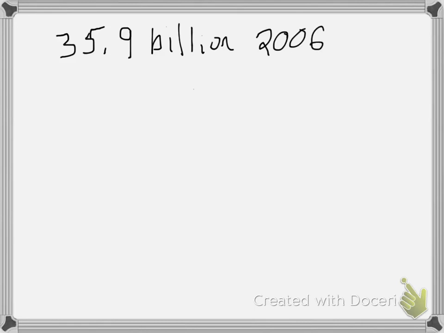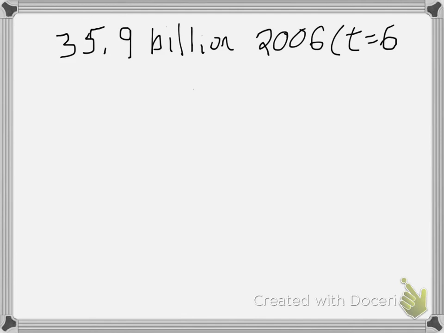All right. So in this case, we have 35.9 billion, and it was the year 2006. So I'm going to use that as t = 6.